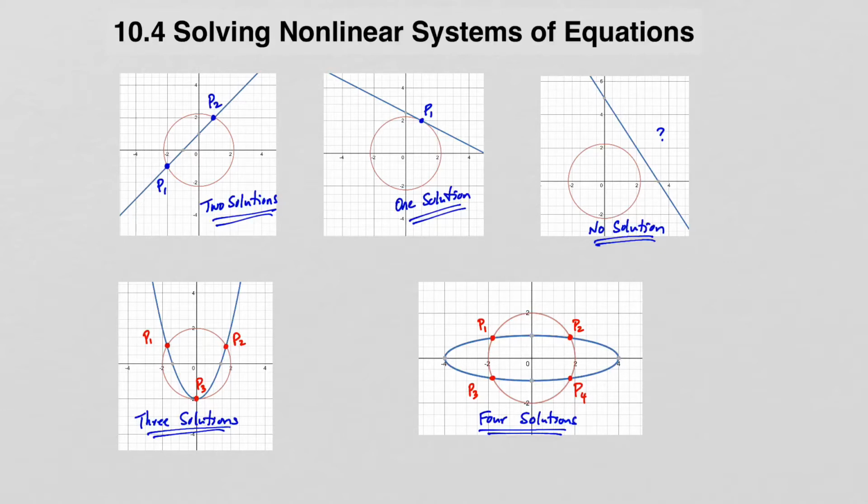But to find solutions, we have to do this purely algebraically. So we're going to solve a few of these systems of nonlinear equations, and I will sketch the graph at the end just to verify our solutions, but I want you to understand that we will not be graphing as a primary method for solving. Let's take a look at some examples.